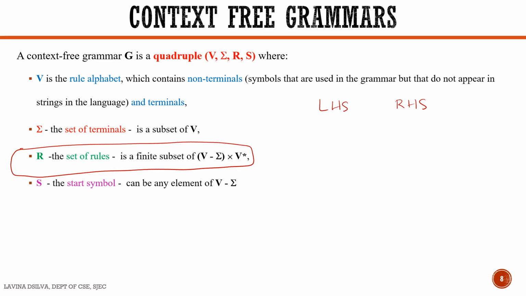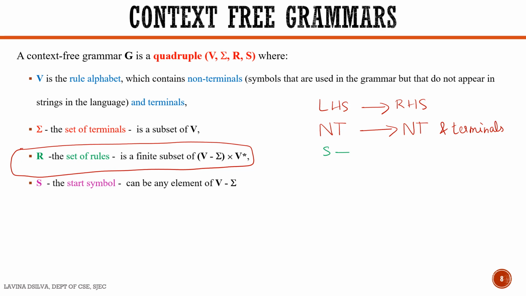The left hand side has to be a non-terminal, and the right hand side can be a combination of terminals and or non-terminals. So we'll just write a list of rules.